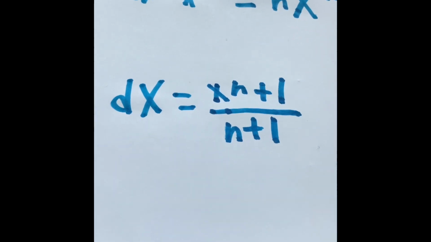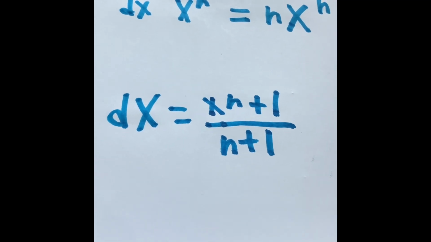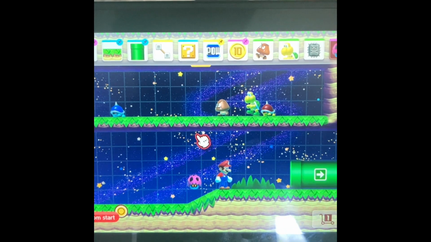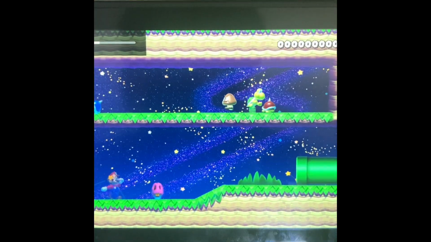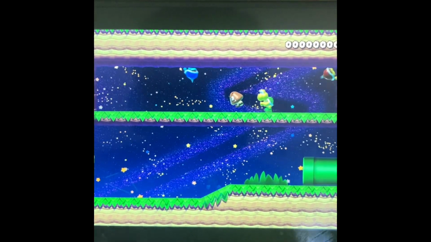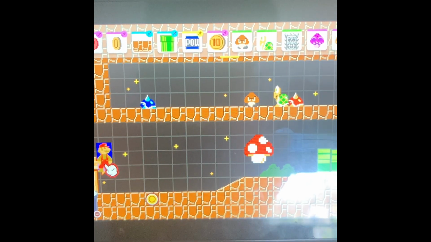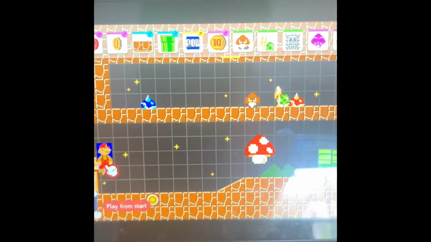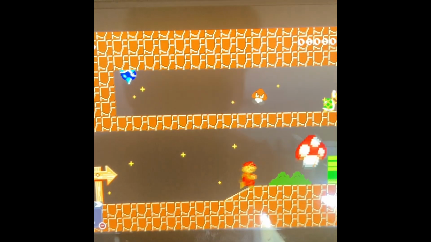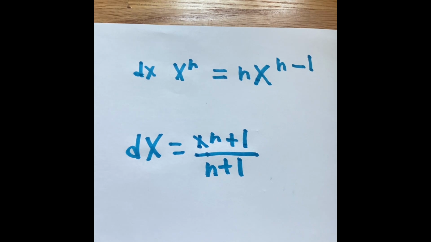So technically, you're leveling up, not down. This is a derivative, leveling it down a bit. And this is the antiderivative, because it means to level up. Now I think we understand the differences.